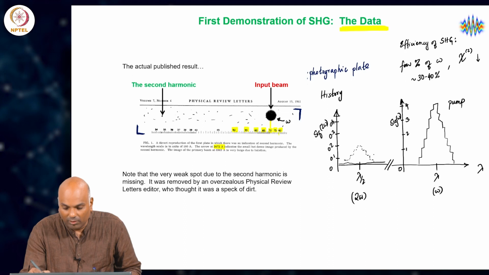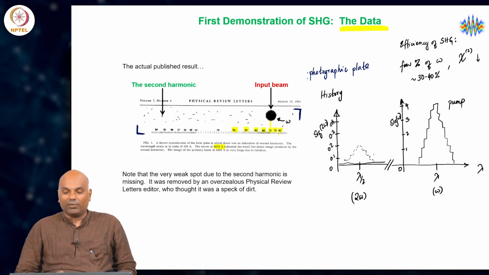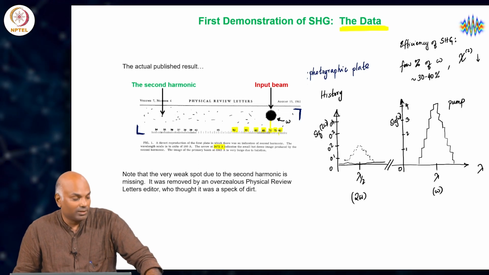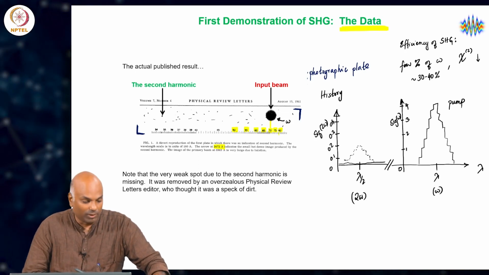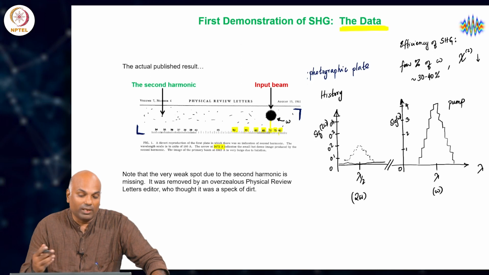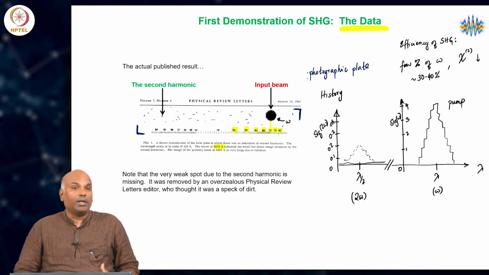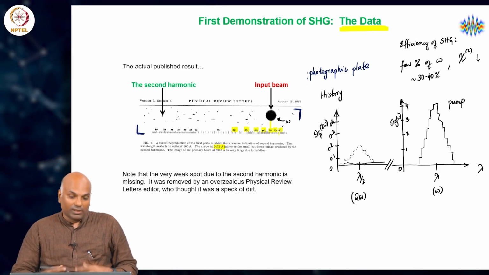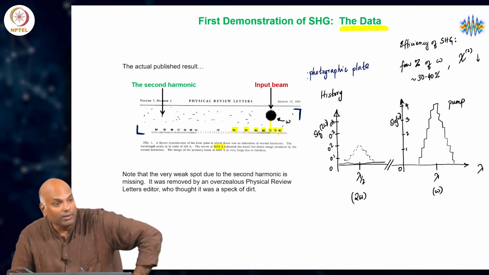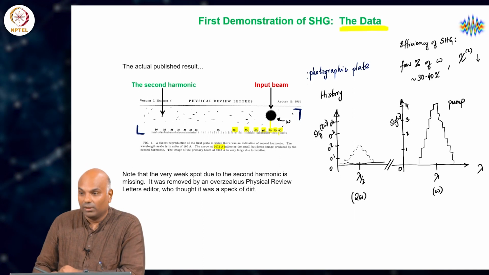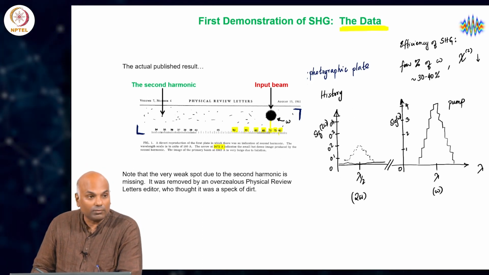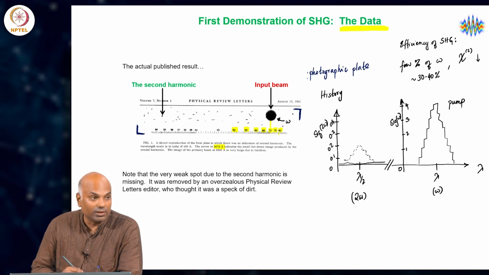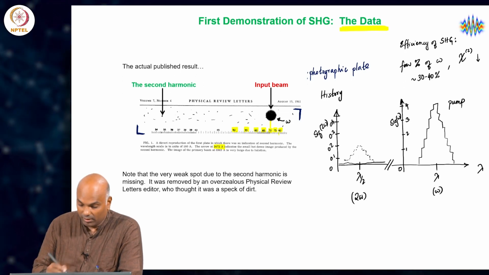Okay, I am drawing histograms just to emphasize the fact that data is histogrammatic in some sense, right, we plot the histogram. Okay, so that is the first demonstration, quite dramatic, that indeed one can see nonlinear effects. Now, when this was done, soon after, in a few years, of course, the inventors of the laser got a Nobel Prize for this.